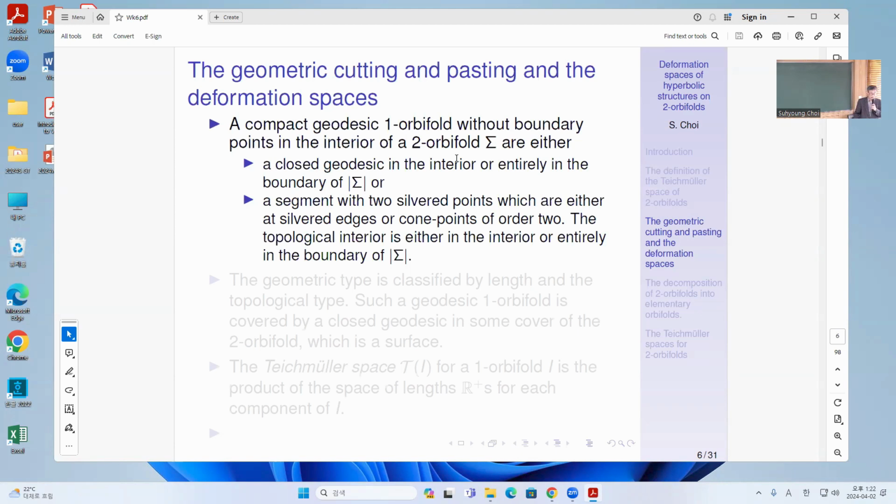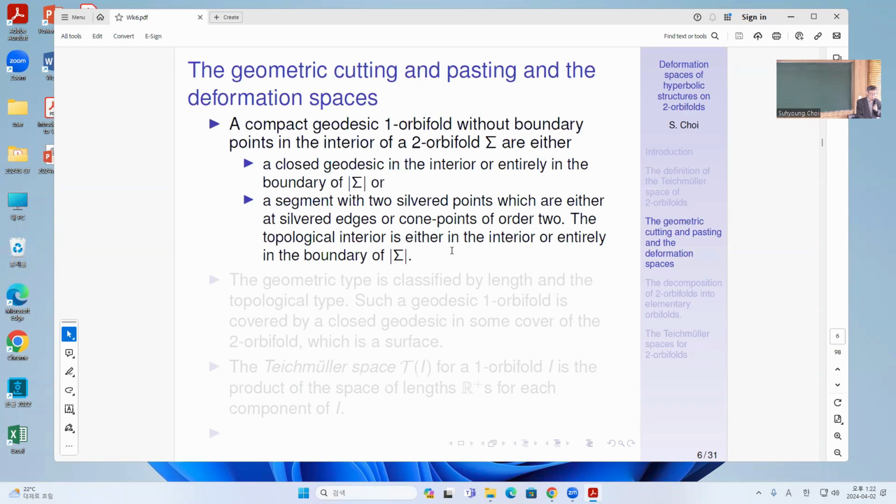Of course, they are in the boundary in the underlying space, right? So the boundary of the underlying space as a topological space and the orbifold interior are different. The orbifold interior can be bigger. Of course, only in two dimensions you have some notion of boundary, but not in higher dimensions.